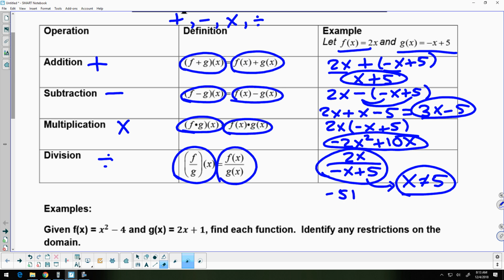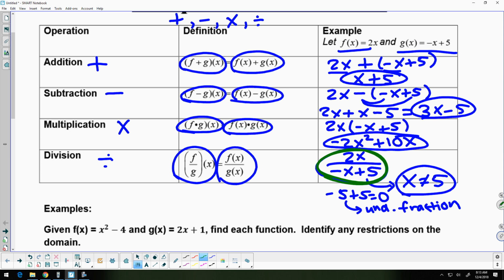And negative 5 plus 5, that is 0, which would be bad because that would make this an undefined fraction, which we can't have. Okay, so again, technically my answer, like I said, is the first part, what I circled. So this is my solution.